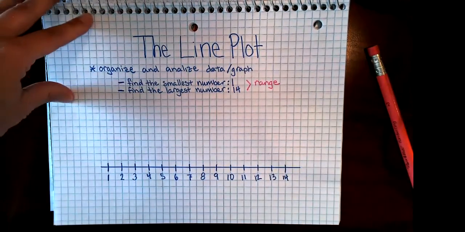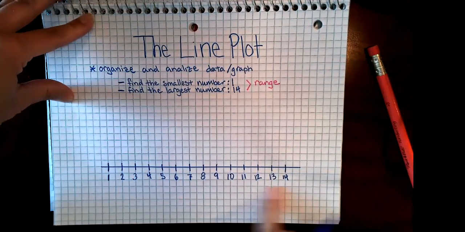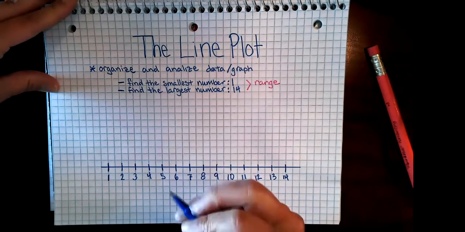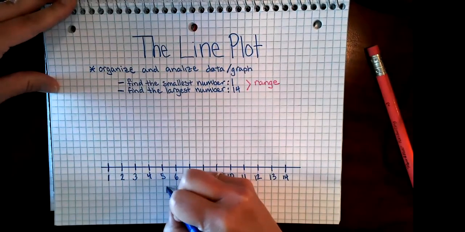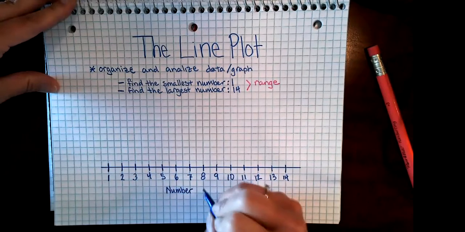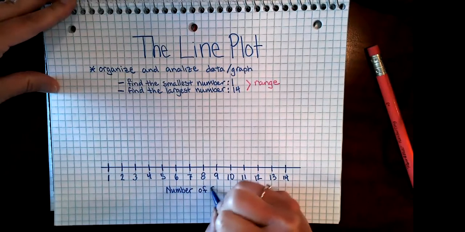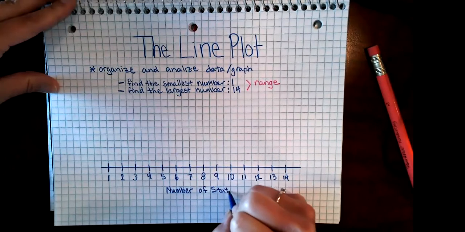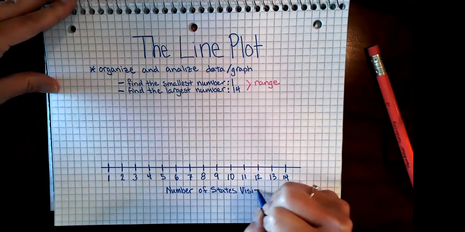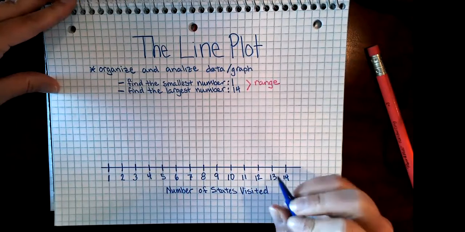Now I want to go ahead and make sure I know what these numbers mean. Do you remember from the video? These were the number of states visited. Okay, that's my label.